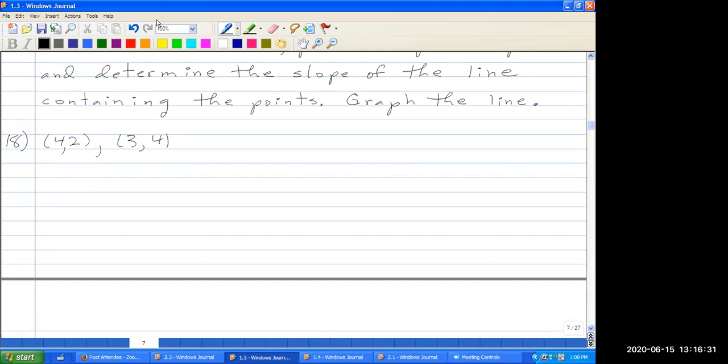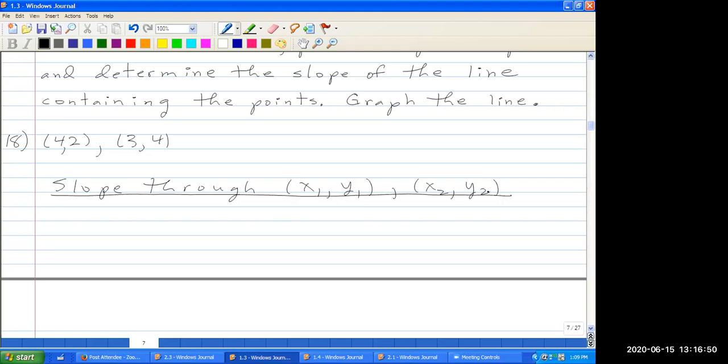So, determine the slope of the line through points x1, y1, x2, y2. That's y2 minus y1 over x2 minus x1.